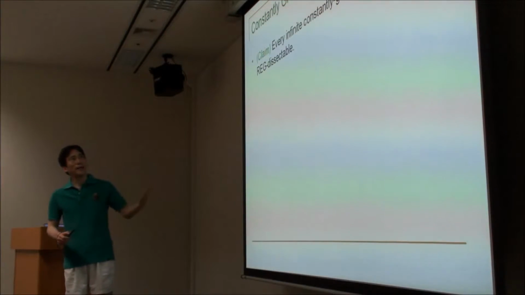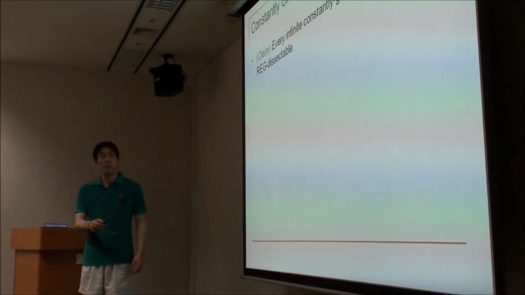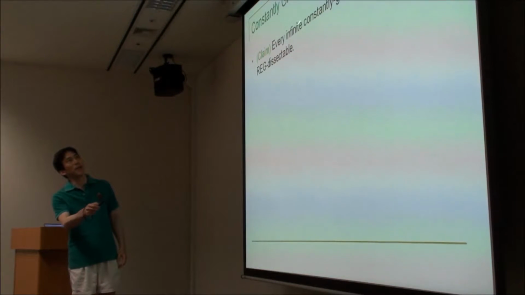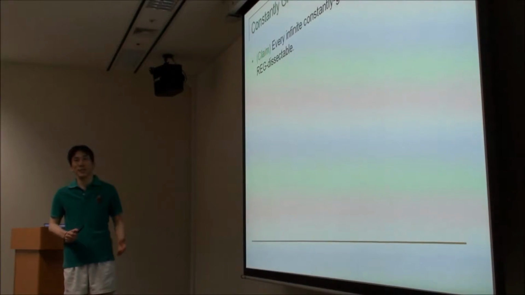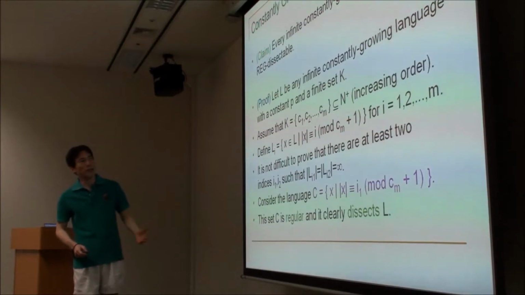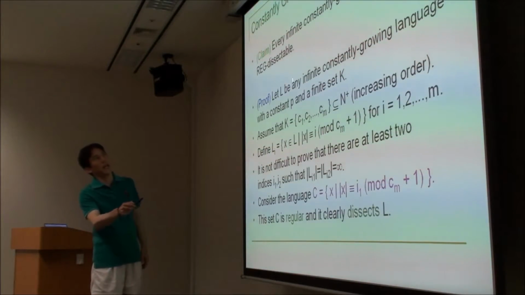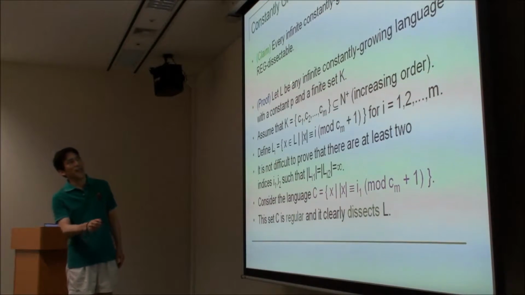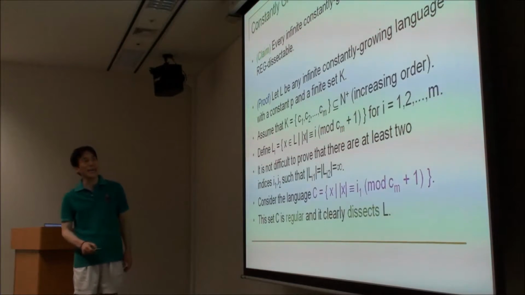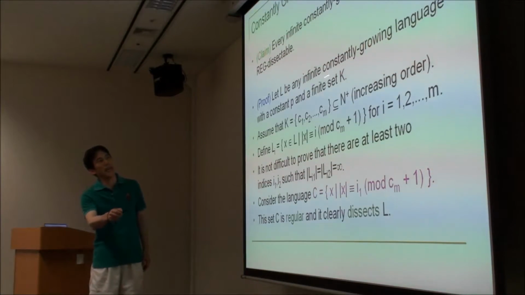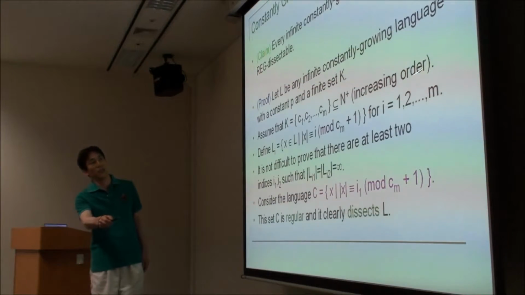So why is this constantly growing language important? Because we can show that an infinite constantly growing language is regular dissectable. The proof goes like this. Take an arbitrary infinite constantly growing language L with constant p and finite set K, enumerated in increasing order.